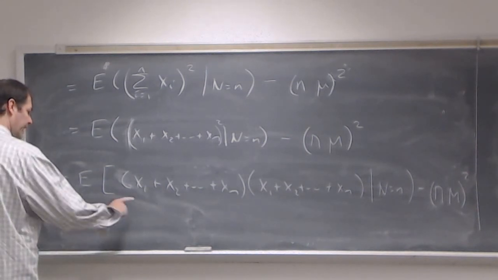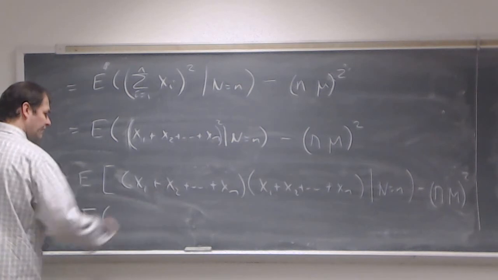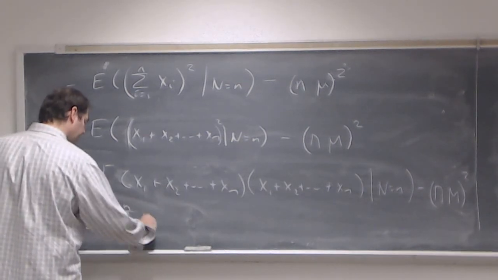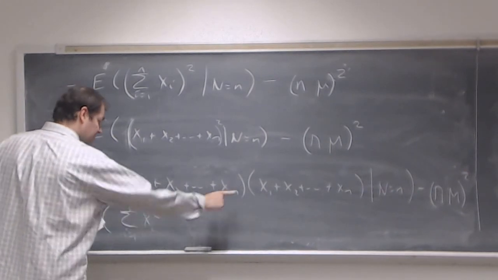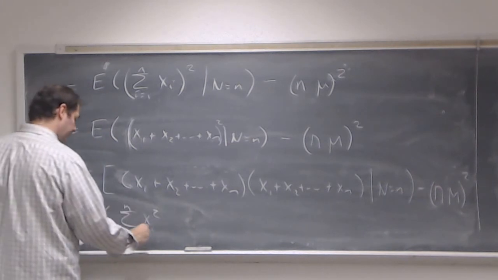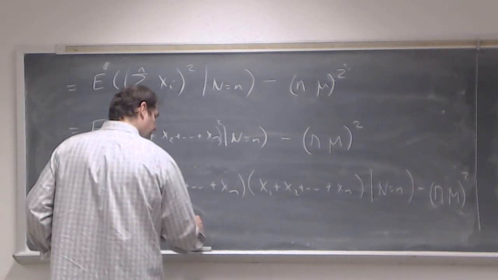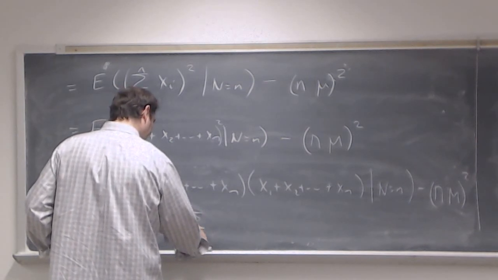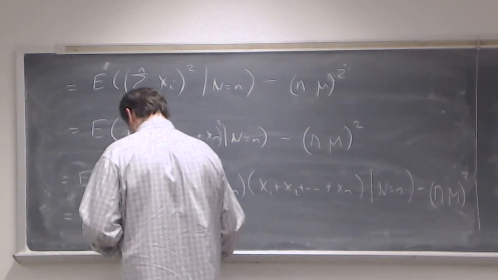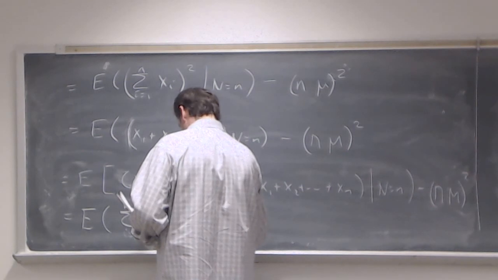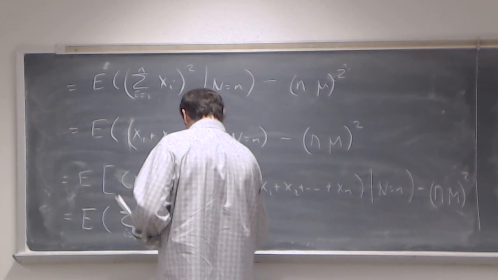That's equal to, here, this expected value. What do we have when we multiply this out? This is going to be the sum as i runs from 1 to little n of x_i squared, because x of 1 times x of 1 is x of 1 squared, x of 2 times x of 2 is x of 2 squared. So, plus, here we have a double sum, so i's running from 1 to n, j being run from 1 to n, j being different than i.